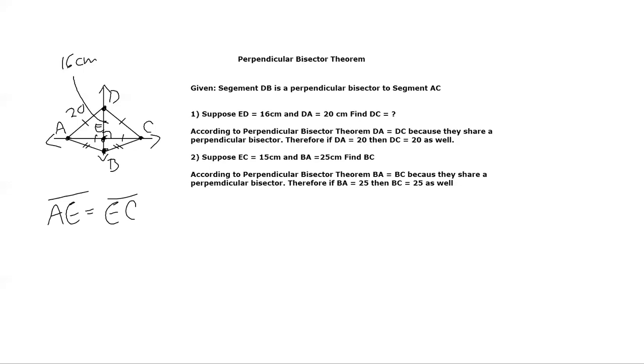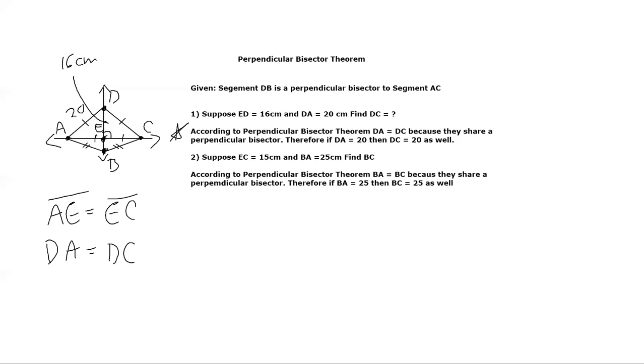Okay, that's the easiest way I can make this. According to the perpendicular bisector theorem, we also know that the opposite sides are going to be essentially equal to each other. Right here under my explanation, I have an explanation. According to the perpendicular bisector theorem, DA is also equal to DC. DA is going to be equal to its counterpart on the other side, on the right side, which happens to be DC.